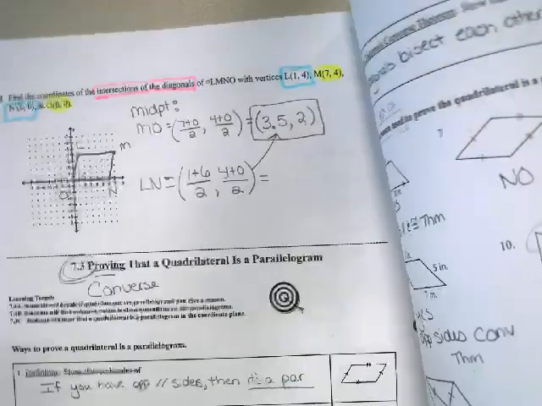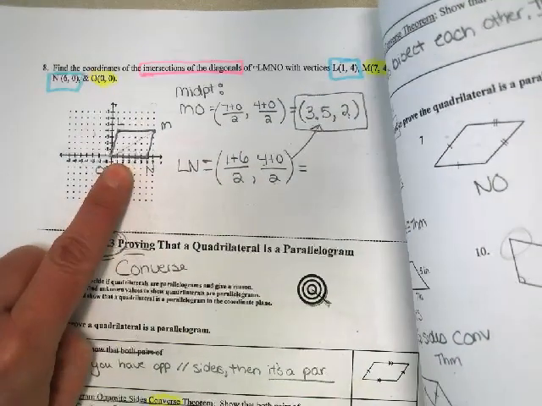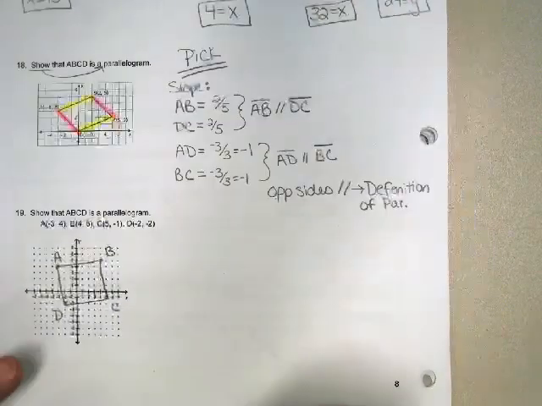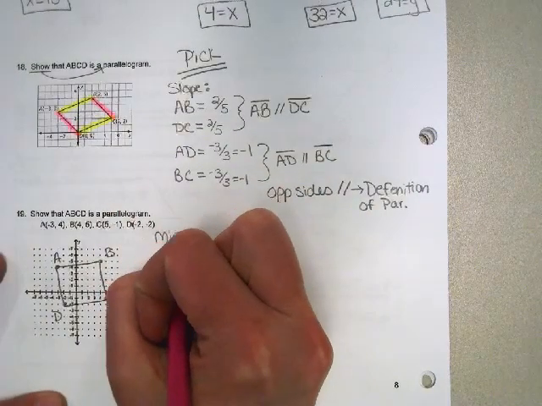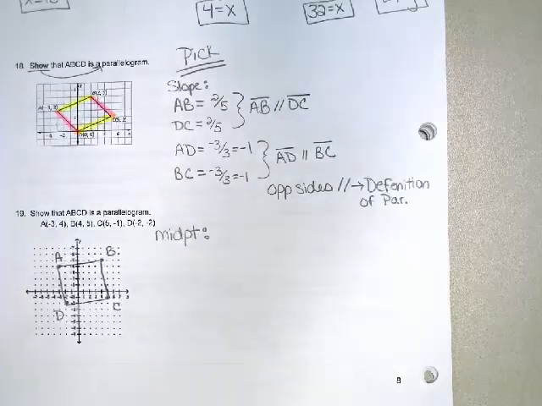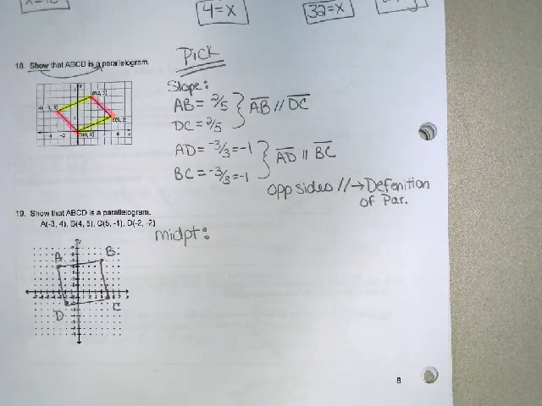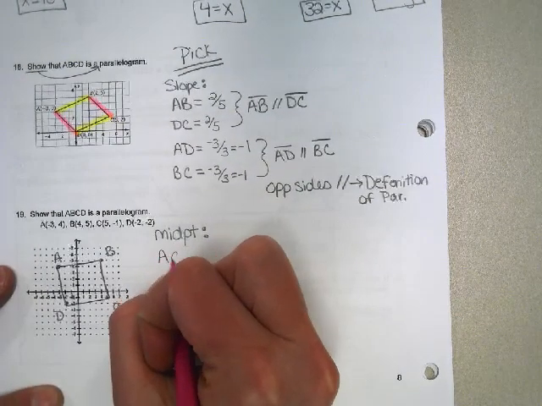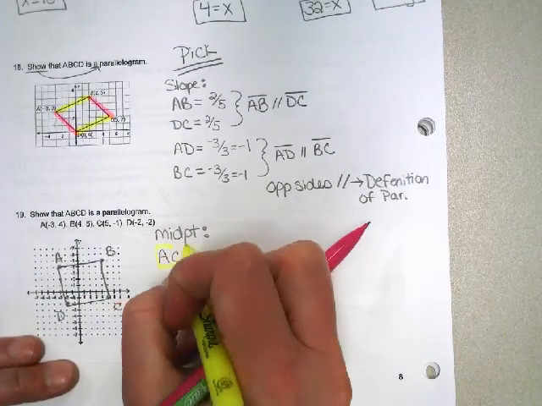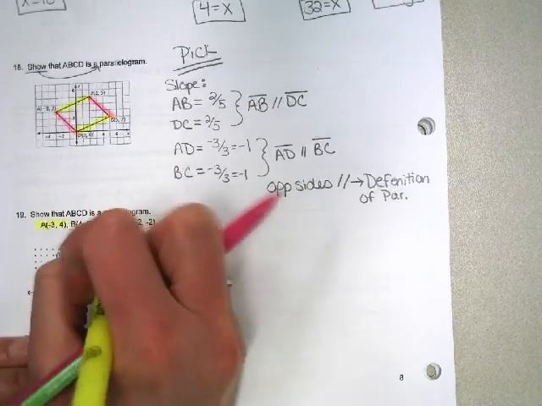Now, if we're in class, I'm going to ask you guys. So I'm going to do that the diagonals bisect each other. And remember, that means they're going to cross at the midpoint. Okay? So what I'm going to do is the midpoint of the diagonals. Now this one I'm not going to be able to count. I am going to actually have to calculate it.